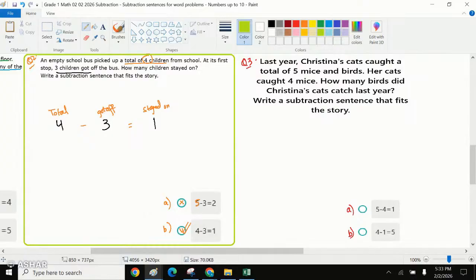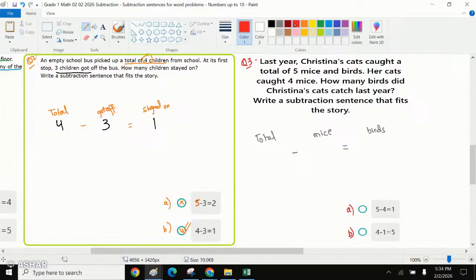If her cat caught 4 mice, we need to find the number of birds. So we can always say that total minus mice should be equal to the number of birds caught.